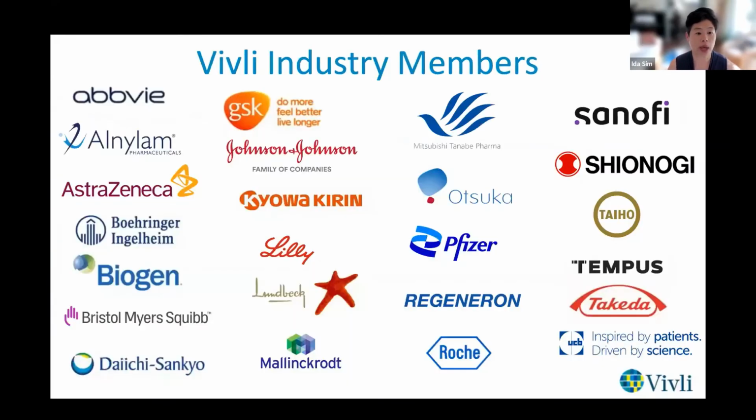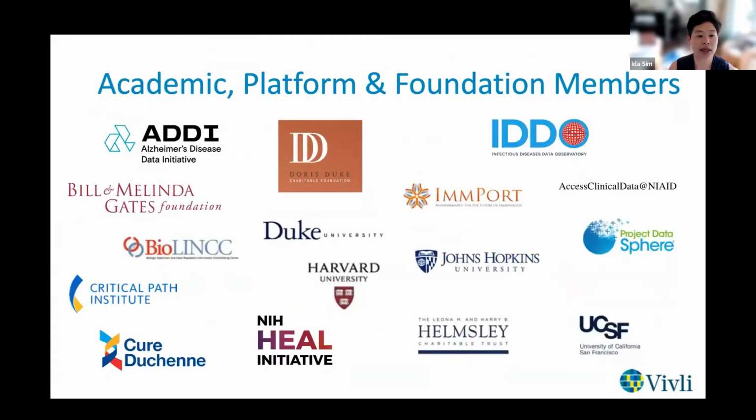The members that we have, I'm going to go through first the industry members, and you can see them listed here. We have big pharma, small pharma, biotech, and so forth. And we're very proud and ongoingly excited to work with our industry partners. We also have partners from academic and nonprofit foundations, as you see here.